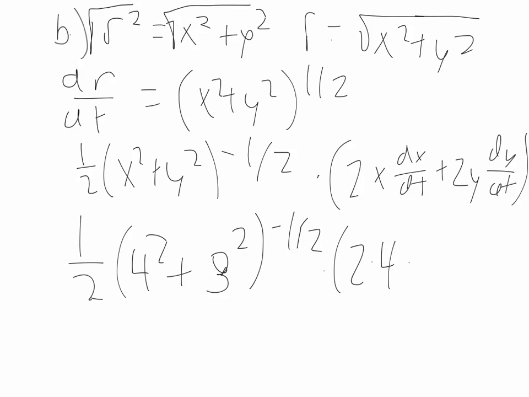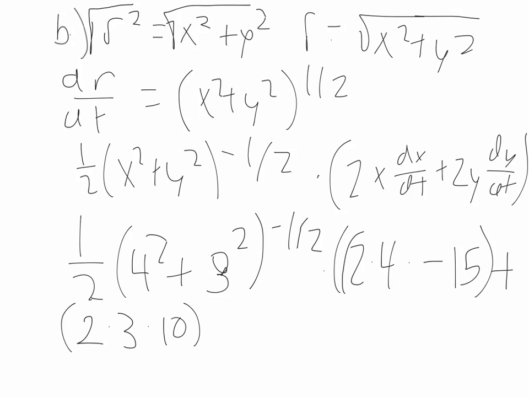So it's times negative 15, plus, remember to put 2x dx over dt in one larger parentheses, because you know PEMDAS, 2 times the y value, which is 3, times dy over dt, which says it's heading 10 kilometers an hour north, meaning the distance is increasing for y, so this value can be positive.